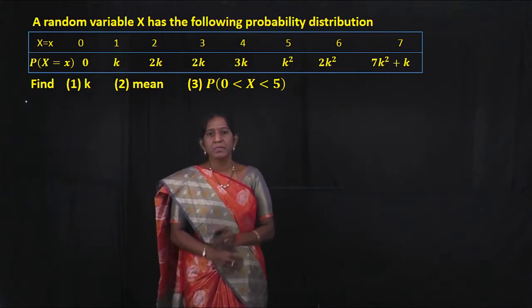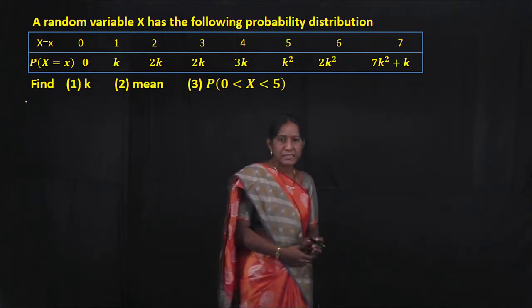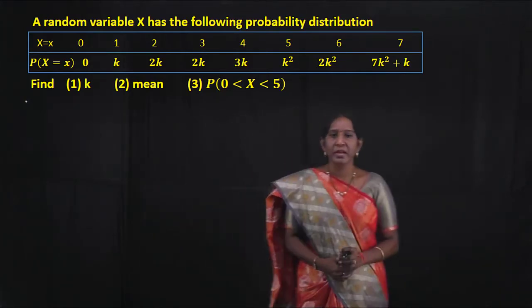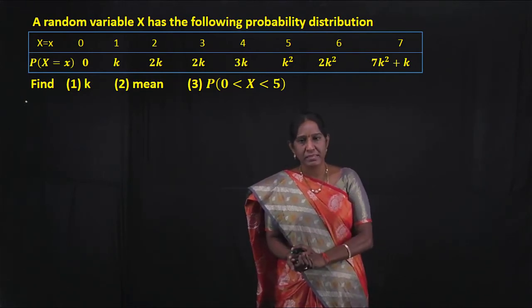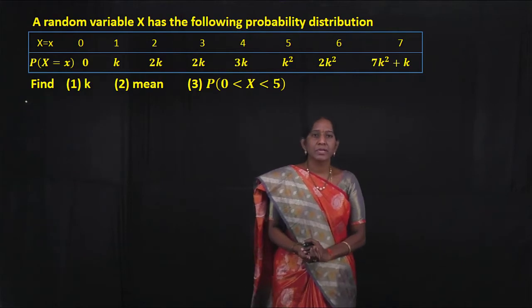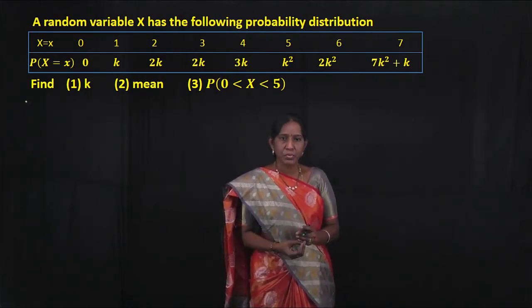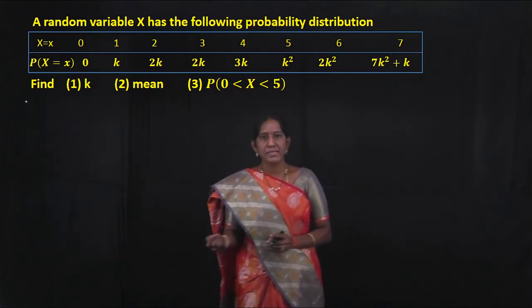See the next problem. A random variable x has the following probability distribution. X equal to x takes values 0, 1, 2, 3, 4, 5, 6 and 7.